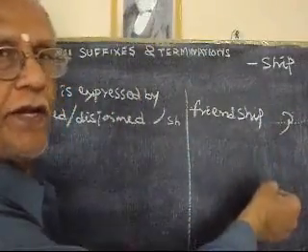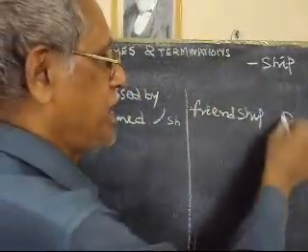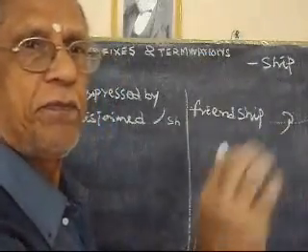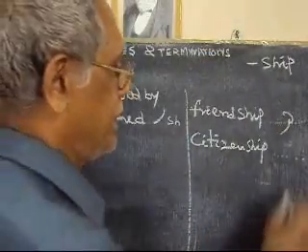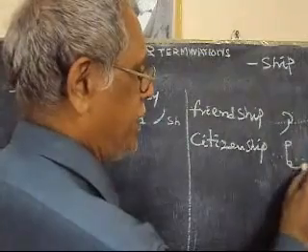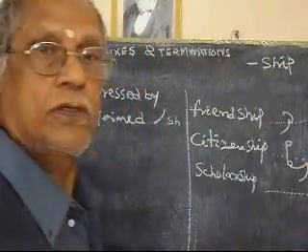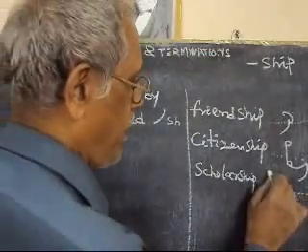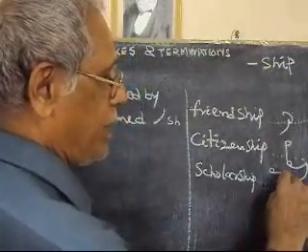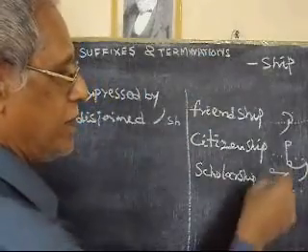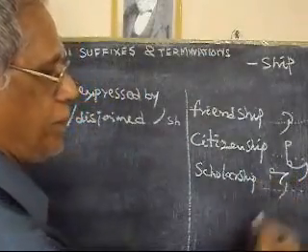Ish can be joined here. Ish represents ship. Friendship. Citizenship. Simple. Citizenship. Scholarship.